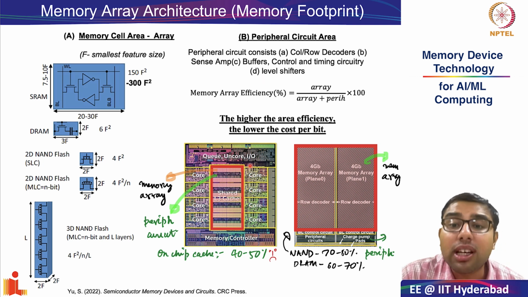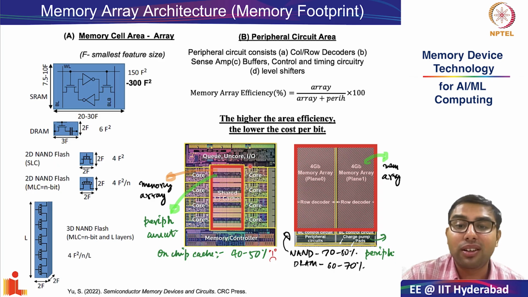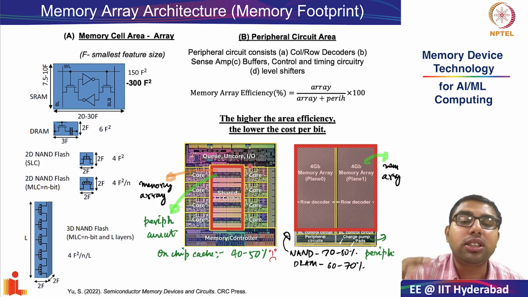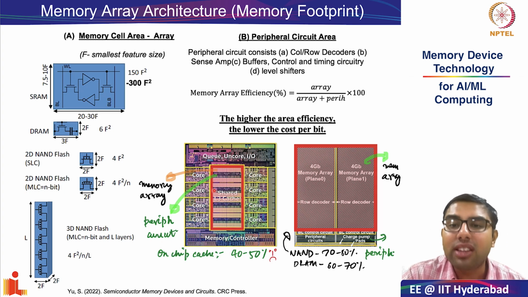Similarly, your cores are also very hungry for data. Since the cores are very hungry for data, the focus on the caches is on performance, and therefore you are able to tolerate this poor array efficiency.